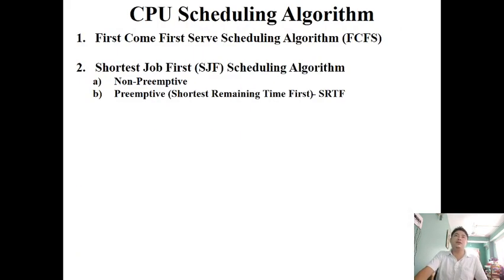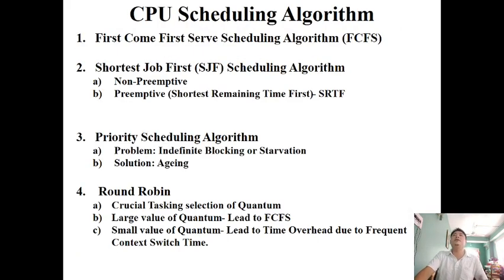So, a recap. We have discussed the common CPU scheduling algorithms like FCFS, SJF, priority scheduling, and round robin. We have also discussed the types of scheduling algorithms: preemptive and non-preemptive. Preemptive means the CPU can be snatched from the currently executing process.